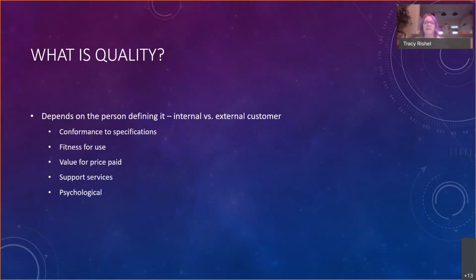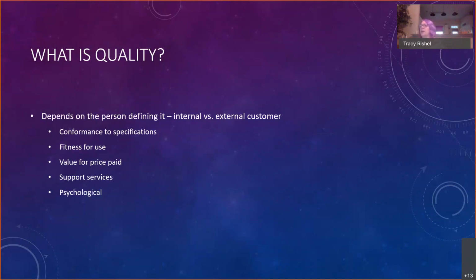Value for price paid, evaluation of usefulness versus how much you pay for it. We all have different views on the value of an item. We could all buy the same item, and some of us would think we paid too much. Some of us would think we got a bargain. So again, that varies. Support services, think about when you buy a computer or something of that type.